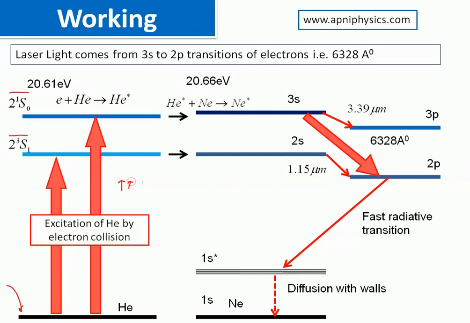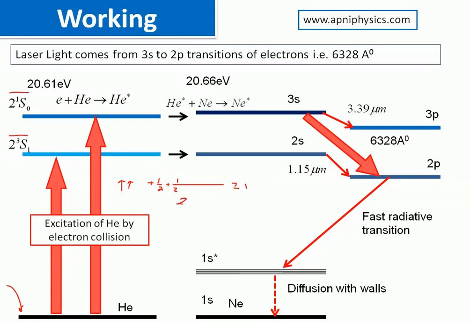If it is parallel, then you know that the spin angular momentum for one electron is plus 1 by 2 in the upward direction and minus 1 by 2 in the downward direction. So plus 1 by 2 and plus 1 by 2 in the upward direction is equal to 1. Because of that, we find the multiplicity.